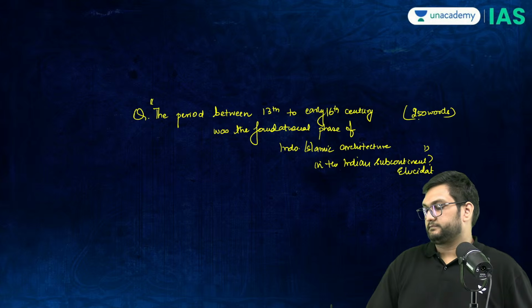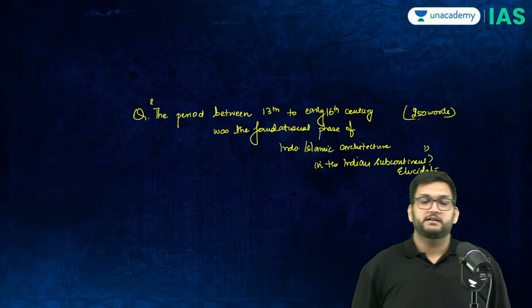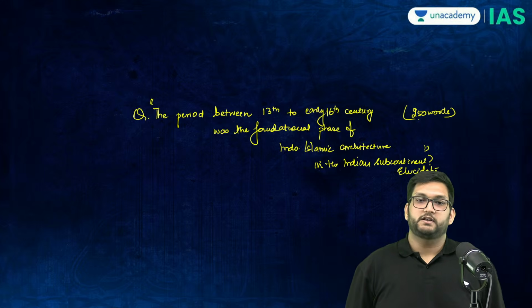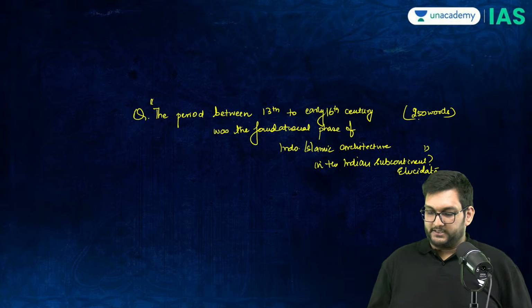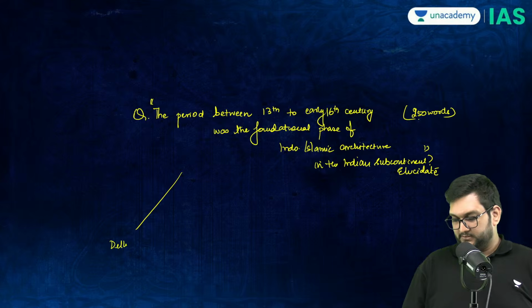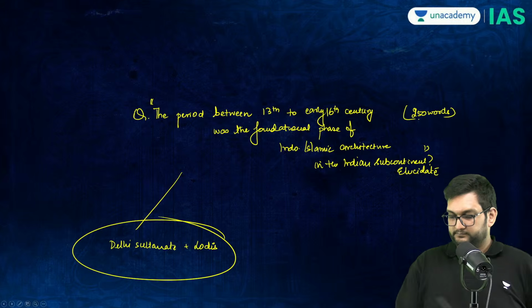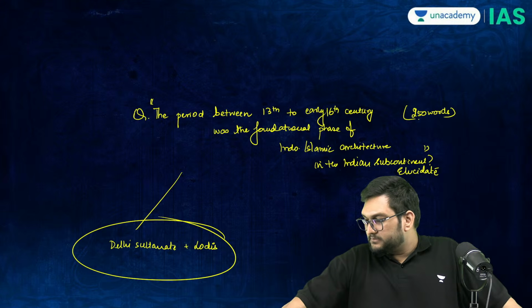Elucidate. This is a type of question which you can expect in the examination, and this will need a very good understanding of both Delhi Sultanate plus Lodhis. Are we clear about this?